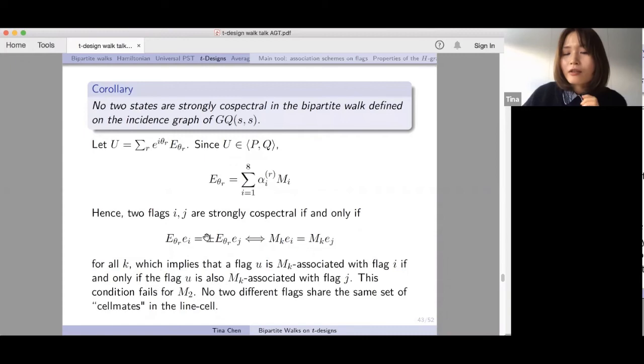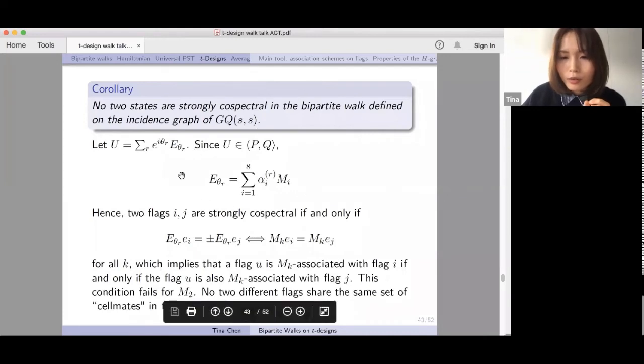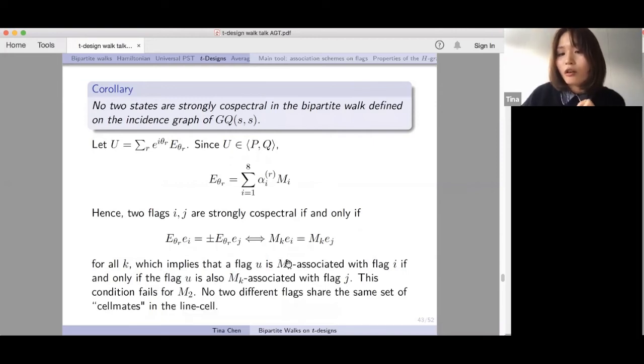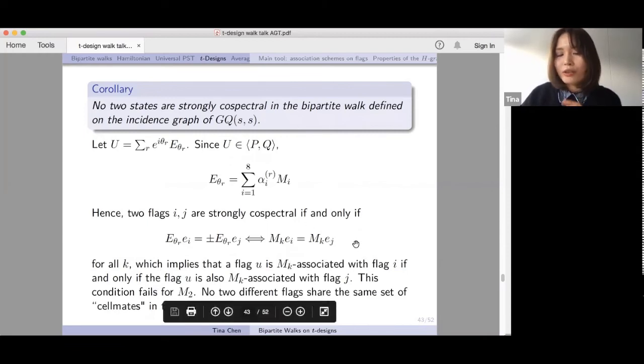And we say two flags are strongly cospectral if and only if the ith column of the eigenmatrix of U equals plus or minus the jth column of the eigenmatrix of U. Using this equation, that means the ith column of M_k will be the same as the jth column of M_k for all k. But we know each k corresponds to a relation between two flags. So this equation breaks pretty quickly.